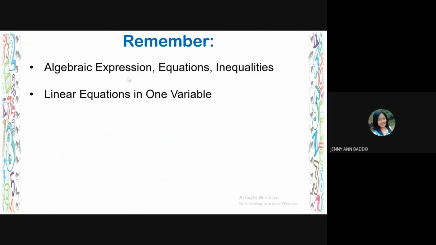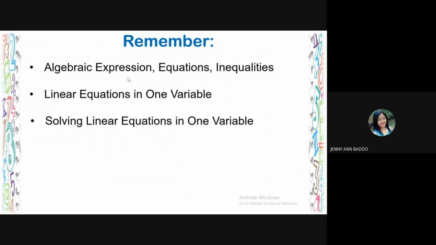Then we also discussed linear equations in one variable and its properties. First, it's a linear equation if it has a degree of 1. And the other one is it has only one variable and one solution.